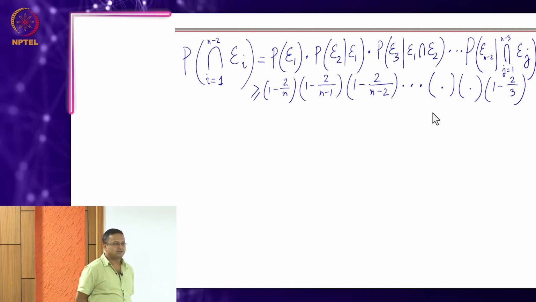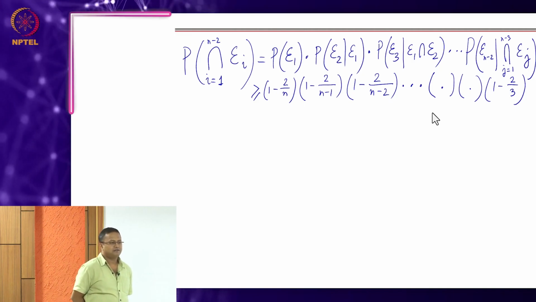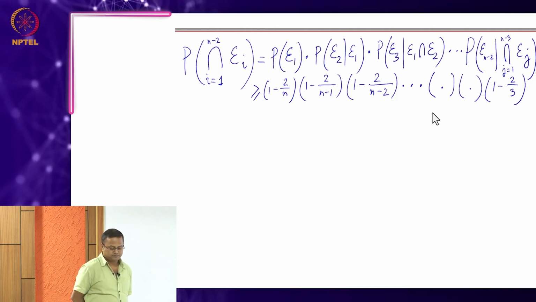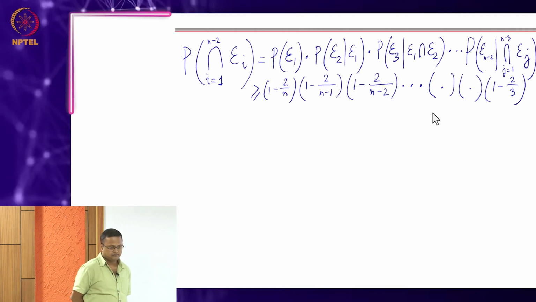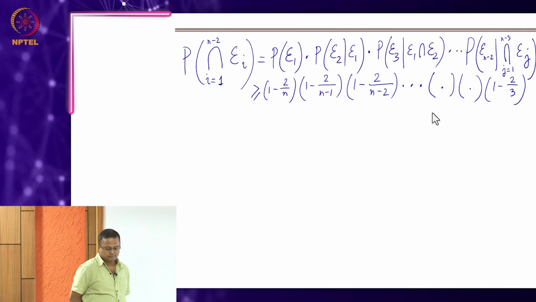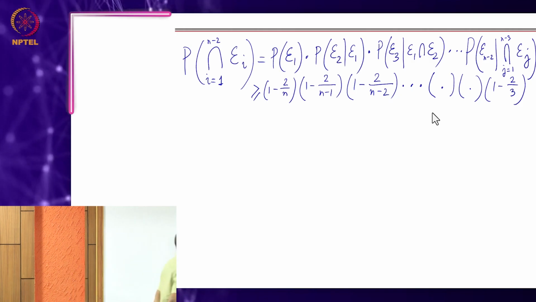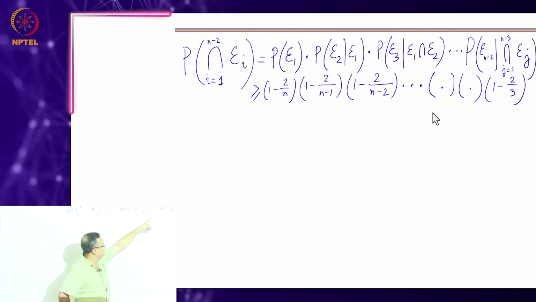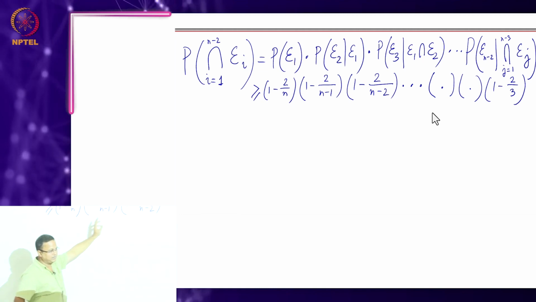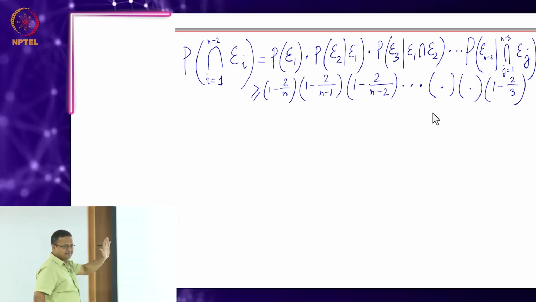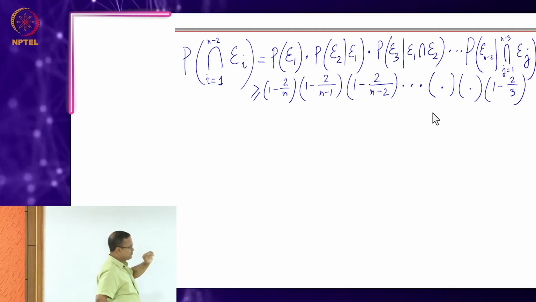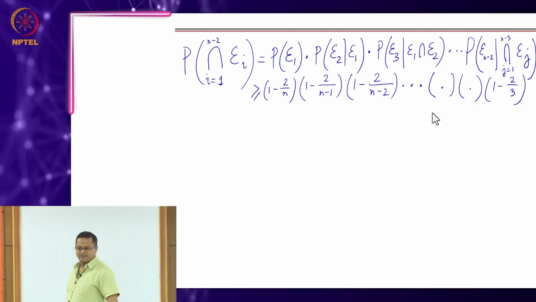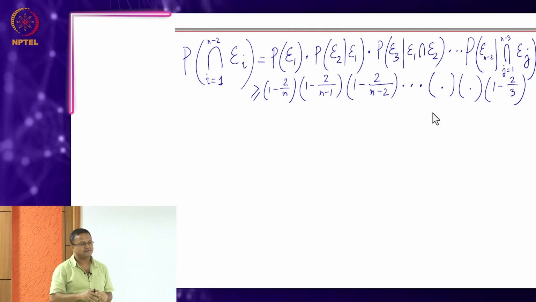What is this coming out to? This should come out to a nice expression. See, you would get an n minus 2 in the numerator here, and you would get an n minus 2 in the denominator here. So that should cancel out. So similarly, something here should cancel out with another term there. So there would be such nice cancellations.